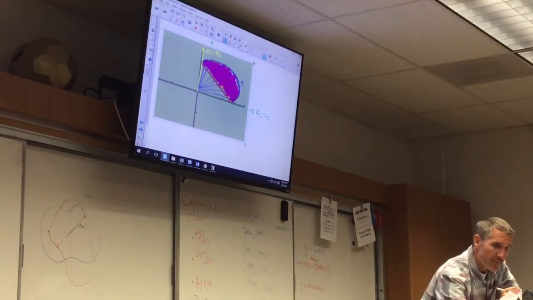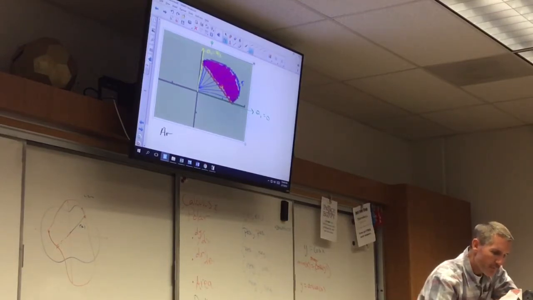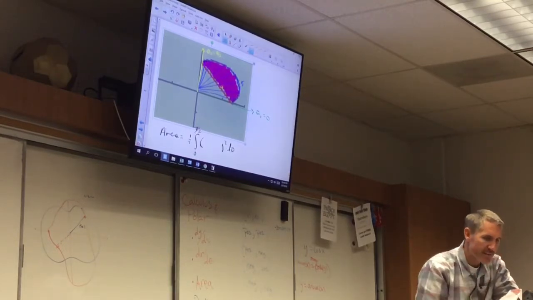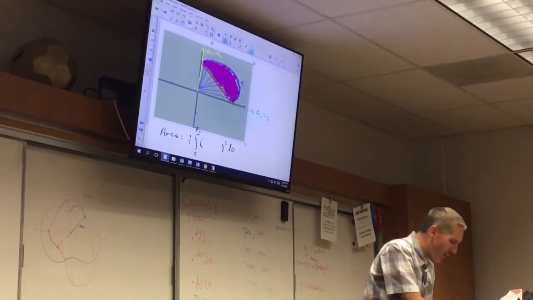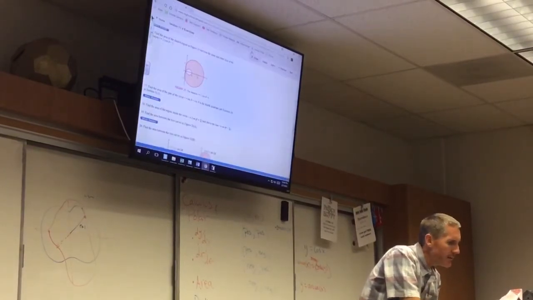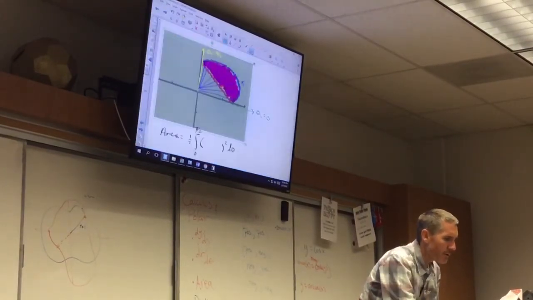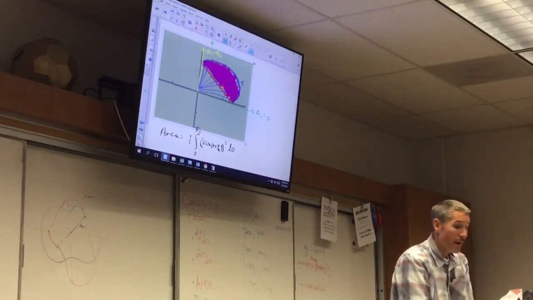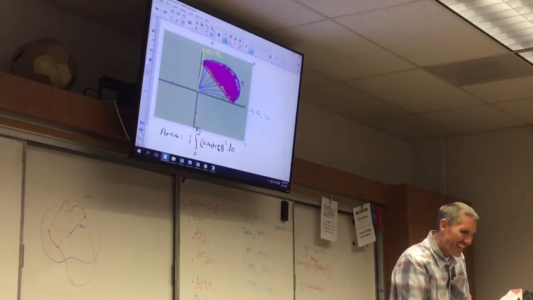So for the area, I'd say 1/2 times the integral from 0 to pi halves of something squared d theta, and that something squared is my r sub 1, which was my 2 sine of theta plus pi over 4. And that thing is squared d theta.